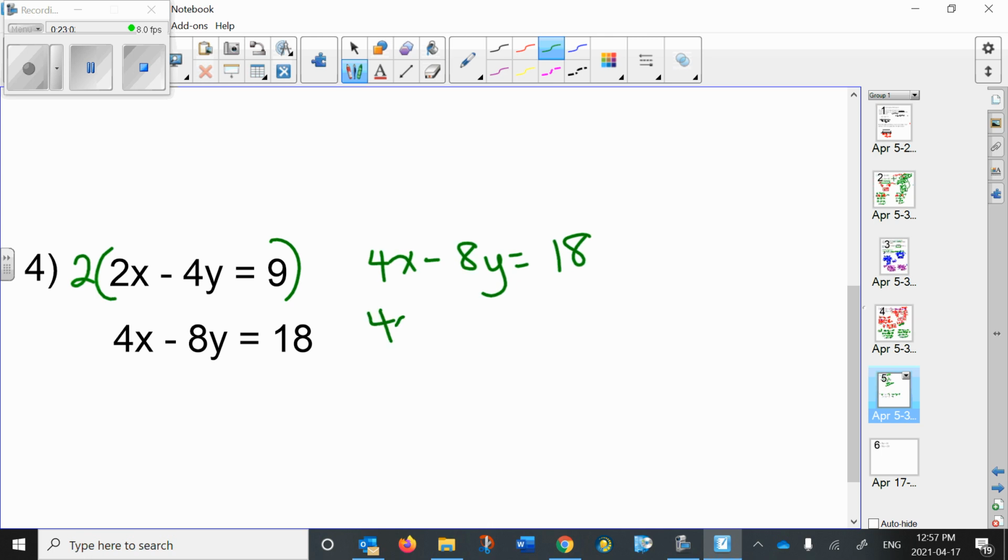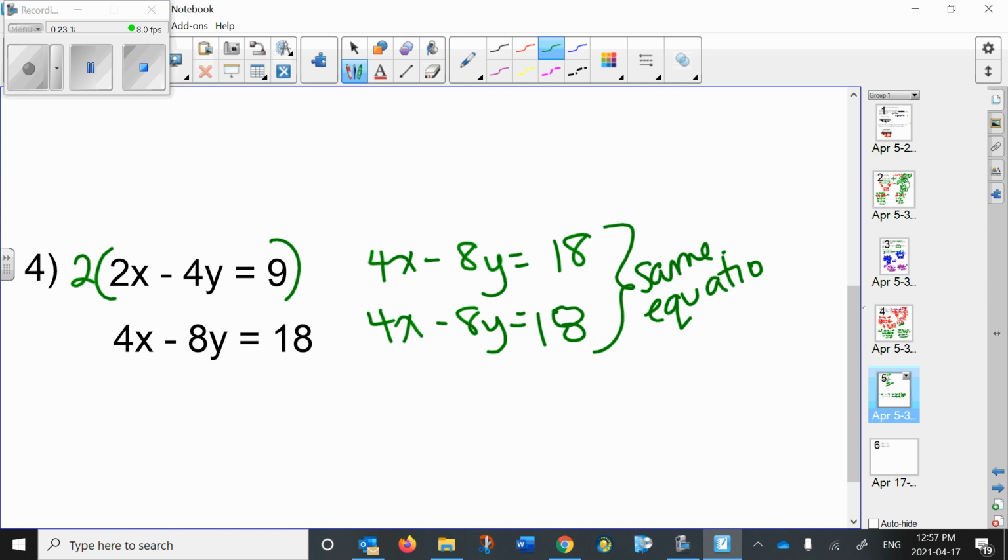And down here, we get the same thing. Oops, that's an 18. Well, they're the exact same equation. So again, if they're the exact same equation, you know that it's the same line, so it's then infinite solutions. Because it's the exact same line. The equation is 100% the exact same.